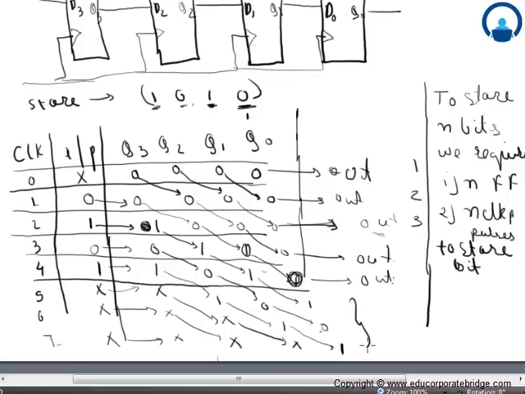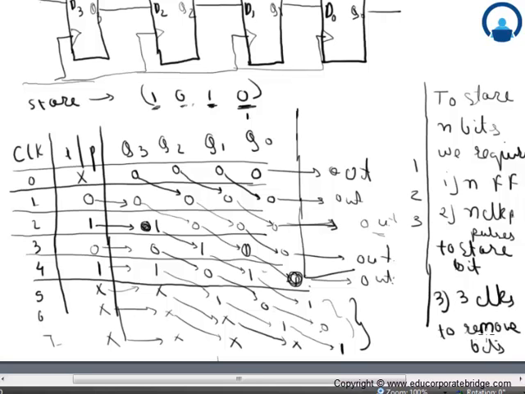Here we took around 3 clock pulses, because while storing the fourth bit we already got this out, so no need to count this clock pulse. So we can see 3 clock pulses are required to remove the bits.